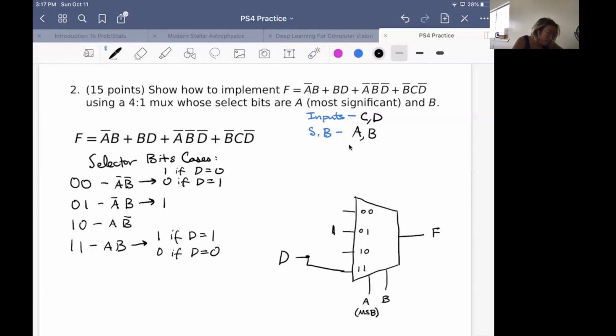So this tells me that the value at input 0 is just going to be equal to not D. And as you can see from the previous minterm and this current minterm, you can realize this just based off of the fact that D and not D are present in the minterms themselves.